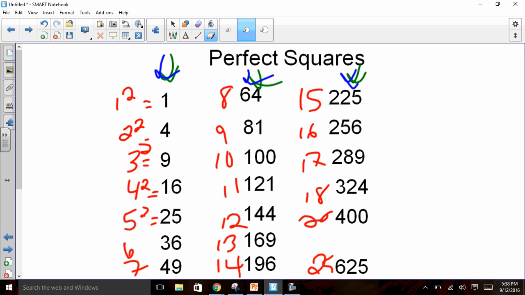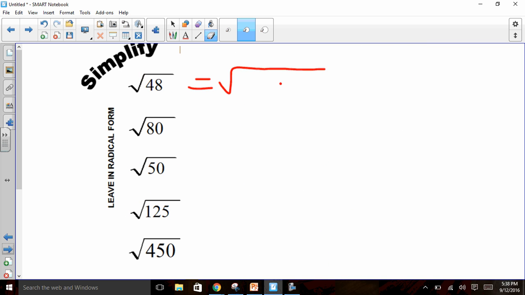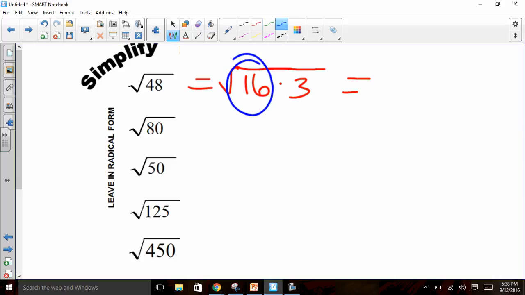So if I use 16 and 3, oops, I thought I changed that, my bad. I know that 3 cannot be broken down. I want the smallest possible prime number to multiply with that perfect square. So next I'm going to take the square root of my perfect square, which is 4. We already said the square root of 3 can't be broken down. That's my answer.